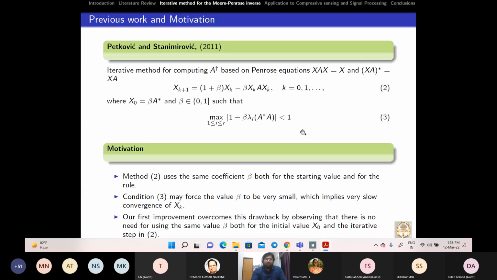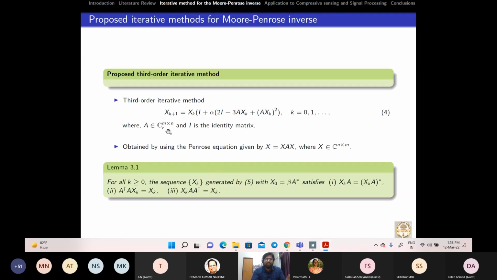Okay, so this was a method that was developed by them, and what we observed is that it was a first order convergent method.